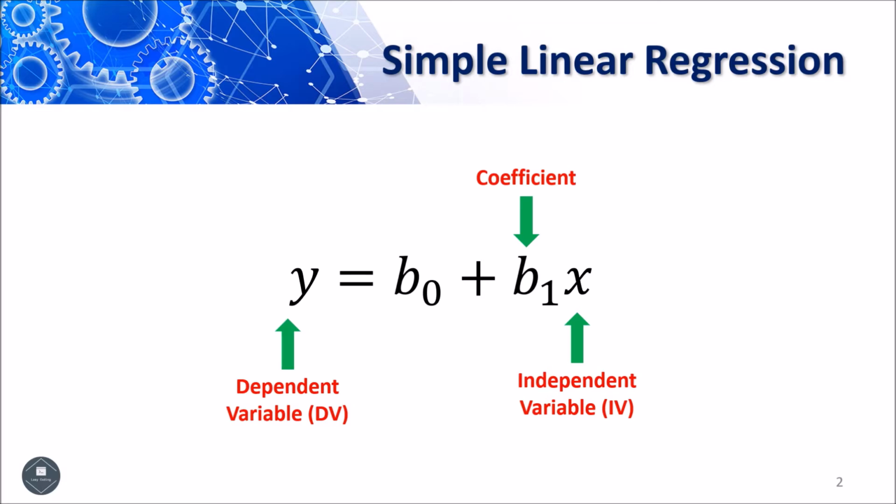You cannot say that the change in y is always equal to the change in x, because this coefficient determines the proportion by which that change is inflated or deflated.